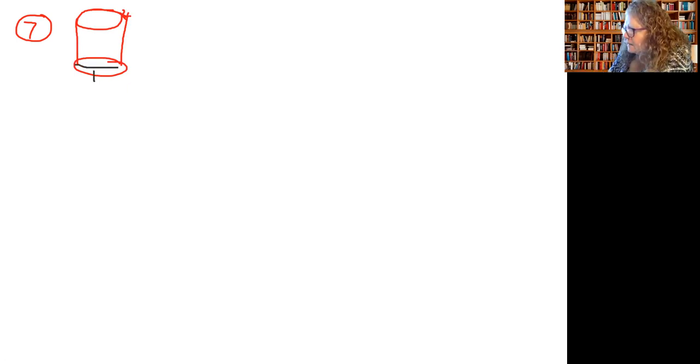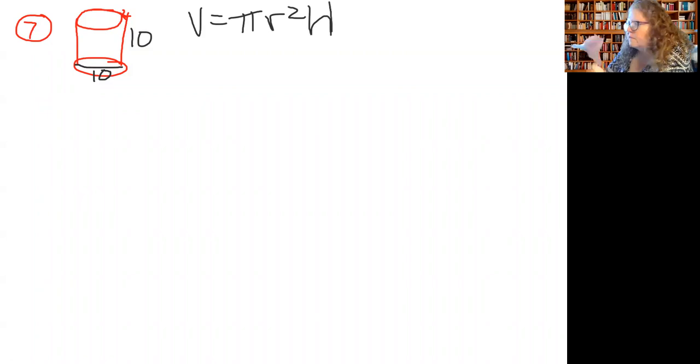Bottom is 10 and the height is 10. So your volume is equal to pi r squared h. Go ahead and fill it in. Put your answer in the chat box, and the units are centimeters. You need an R and you need an H.